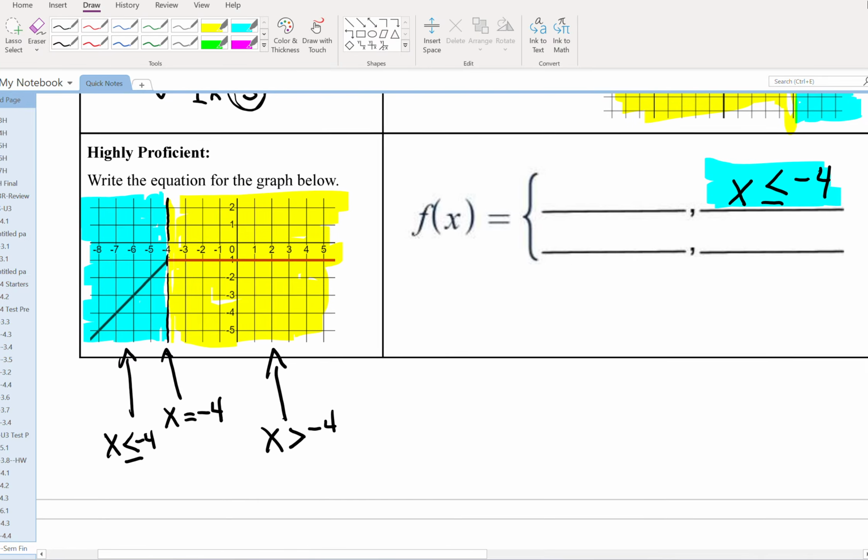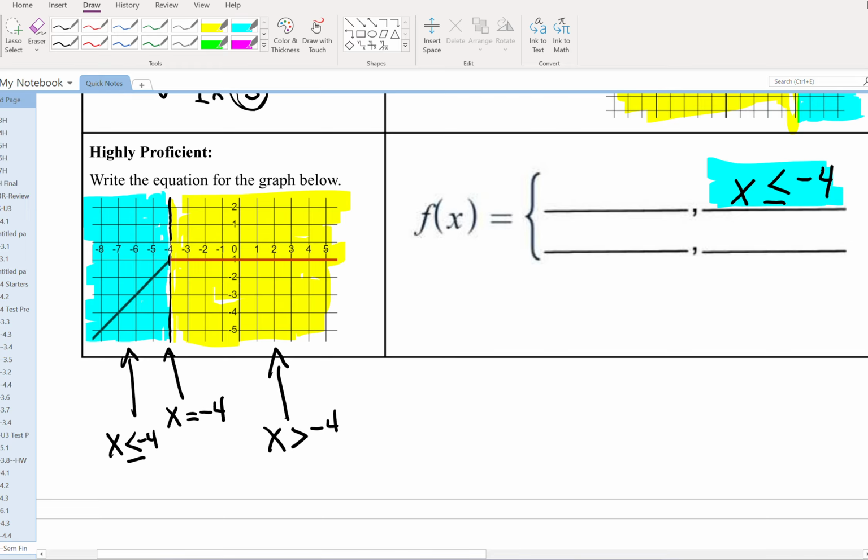Now, we need to describe what the function looks like. So up here, I can see that this continues to go up. I'm just going to trace it. That same function just goes up 1 over 1, up 1 over 1. So I'm going to continue in that same line. Up 1 over 1, up 1 over 1, up 1 over 1. And even though it's not on that graph, I can see that where it hits would be y equals 3.